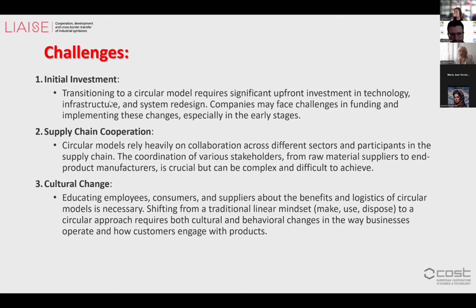Challenges are initial investments, because it requires significant investment in technology, infrastructure, and system redesign. Also, supply chain cooperation can be complex and difficult to achieve, and cultural change requires educating employees, consumers, and suppliers about the benefits and logistics of circular models.